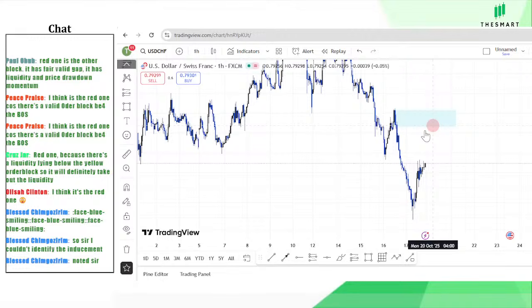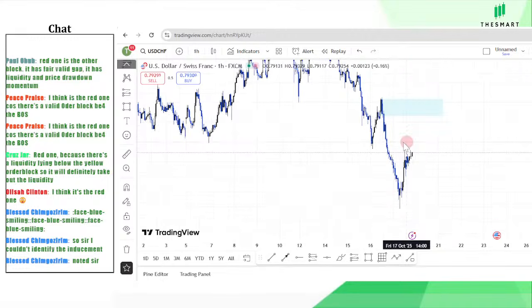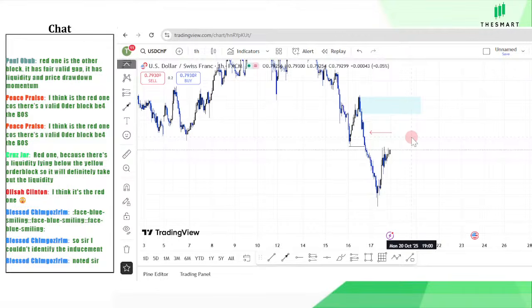So I actually want to see this price come back into that zone. So remember, we have our break of structure here. We have our fair value gap. There's a fair value gap, but there's no inducement yet. There's no inducement yet. So I want everyone to monitor this particular trade and see what the price will do at this particular point.